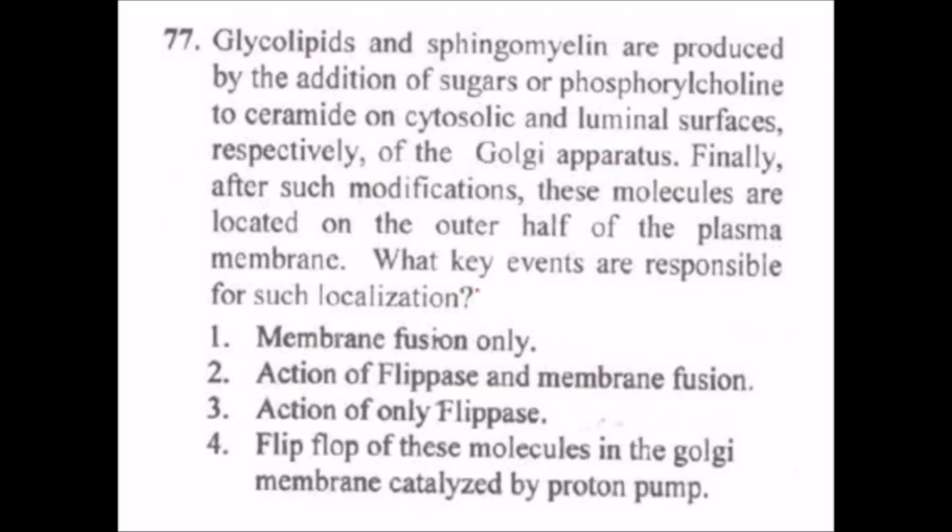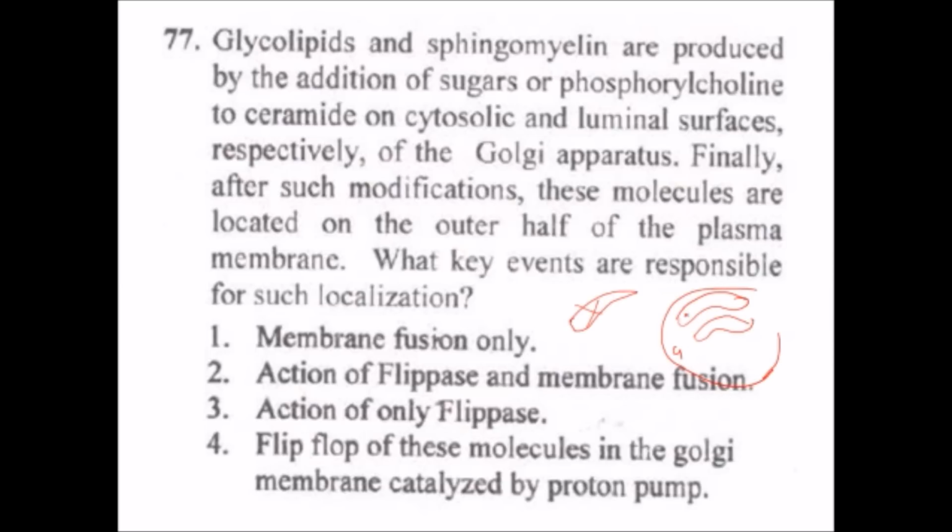While I was discussing the endoplasmic reticulum and the related question, I discussed this. Suppose this is the Golgi body, it's not well drawn, I am drawing it here. It's the Golgi body and this is the cell. This is the plasma membrane.